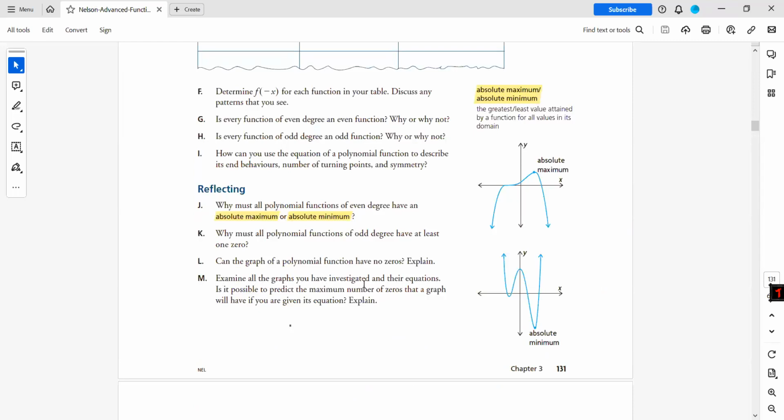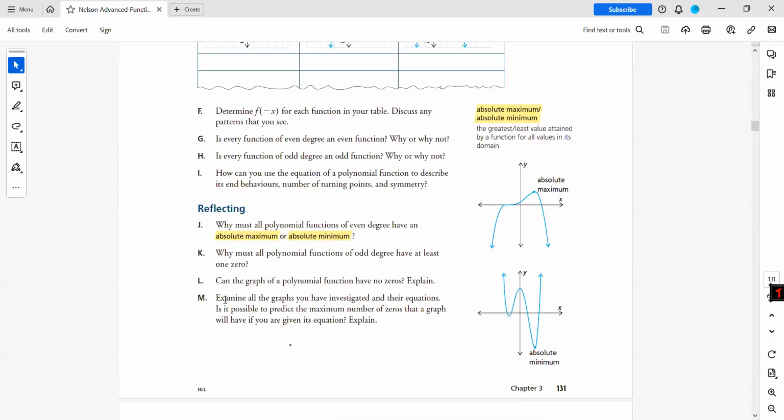Examine all the graphs you have investigated and their equations. Is it possible to predict the maximum number of zeros that a graph will have if you are given its equation? It is actually possible to predict the maximum number of zeros that the graph will have with a certain accuracy. And we're going to talk about it a little bit later.